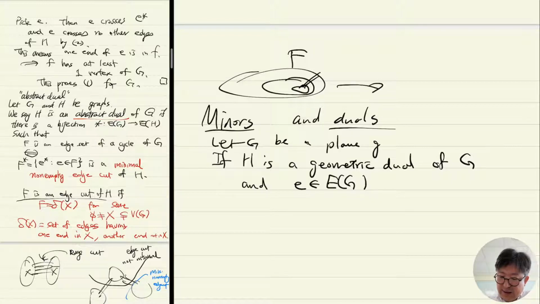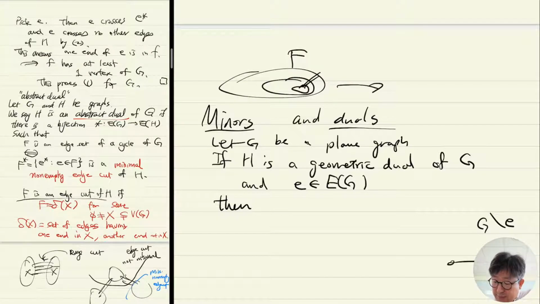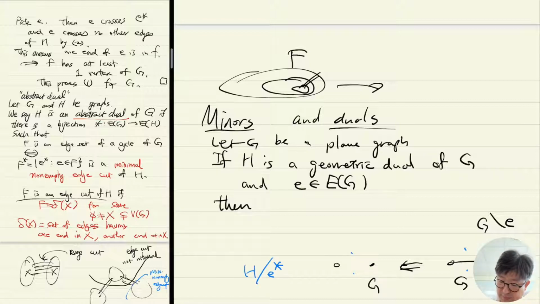then G delete E. If I have G delete E, what is the geometric dual? When I delete an E, then these two faces are identified, right? So it's kind of a contraction.